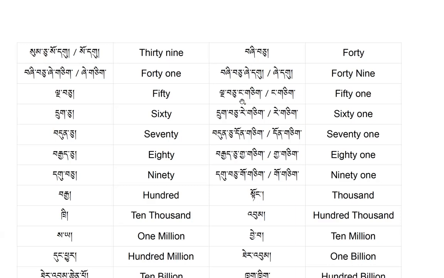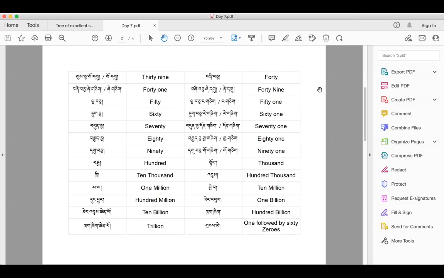Everything was tsa. So it was ngapchu tsachik, shipchu tsaku, sumchu tsachik. So everything was just simply tsa. They didn't have a variation that you see here.